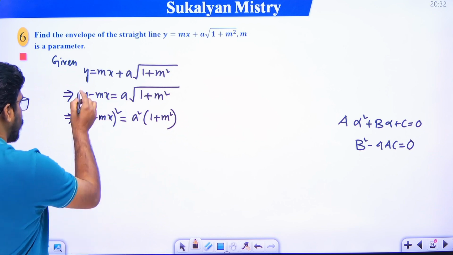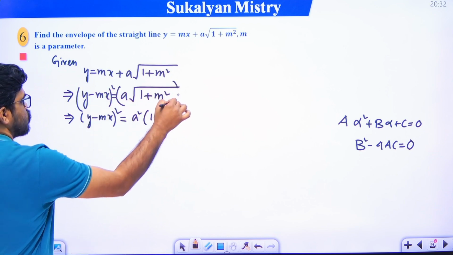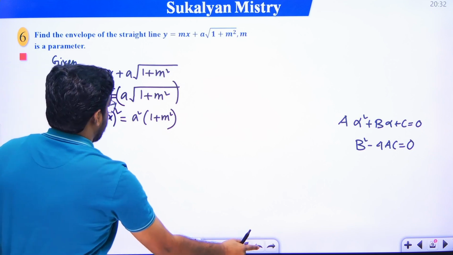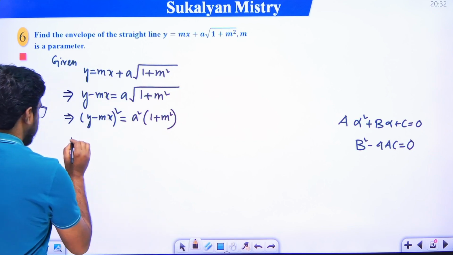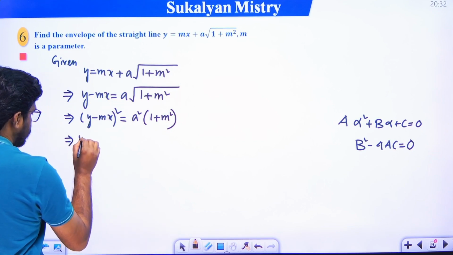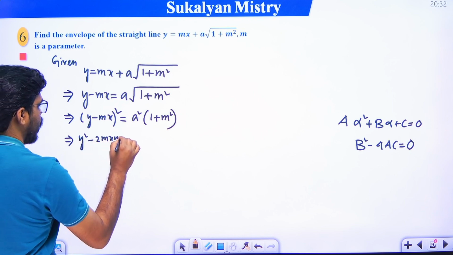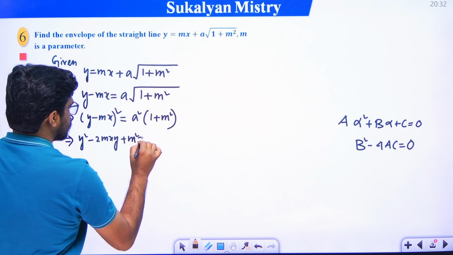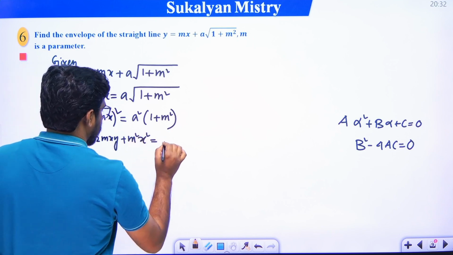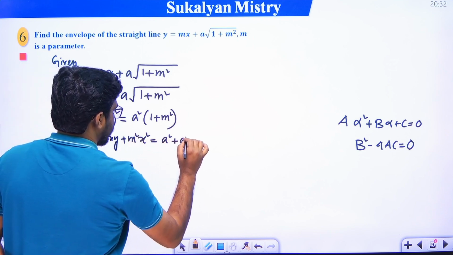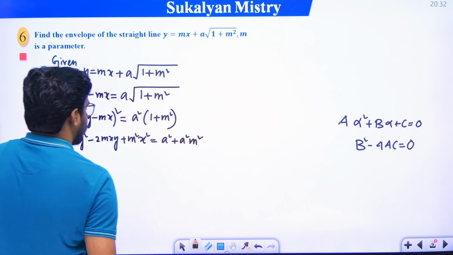So squaring both sides, okay, so this implies y square minus 2mxy plus m square x square is equal to a square plus a square m square.